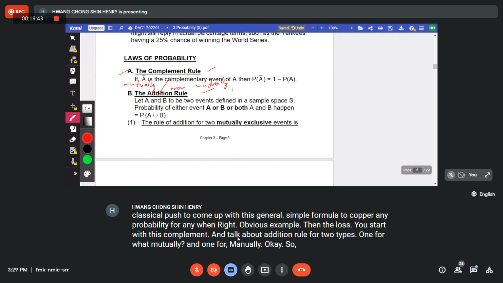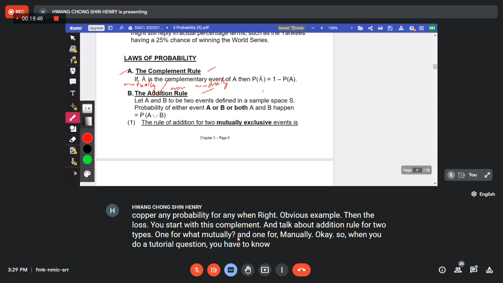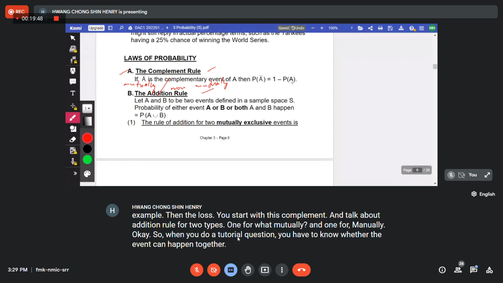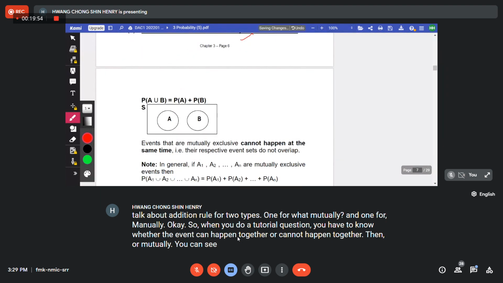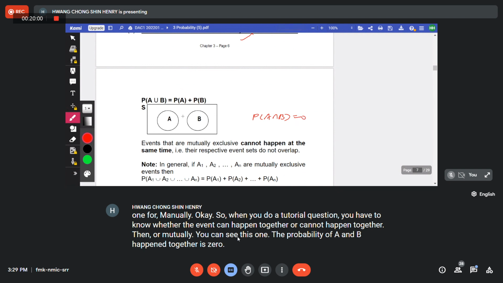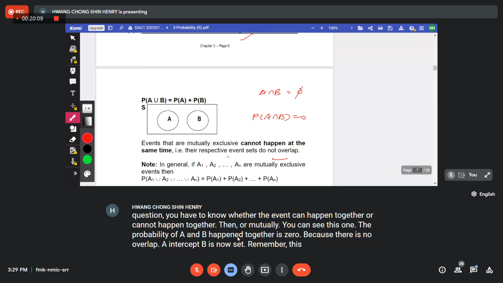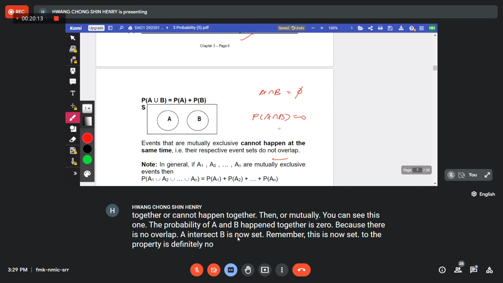So when you do a tutorial question, you have to know whether the events can happen together or cannot happen together. Then for mutually exclusive, you can see this one. The probability of A and B happening together is 0 because there is no overlap. A intersect B is the null set. Remember, this is the null set. So the probability is definitely no chance at all, 0.